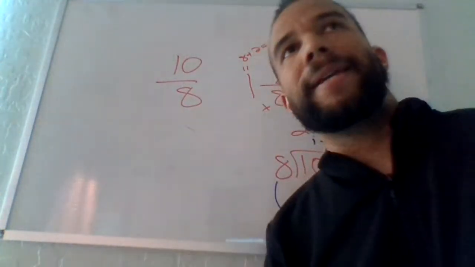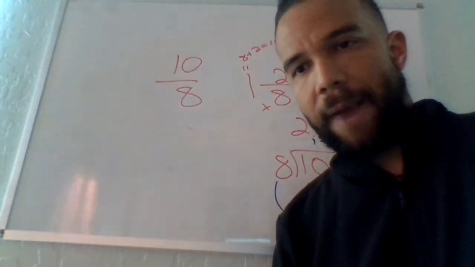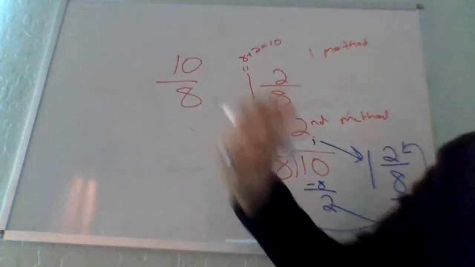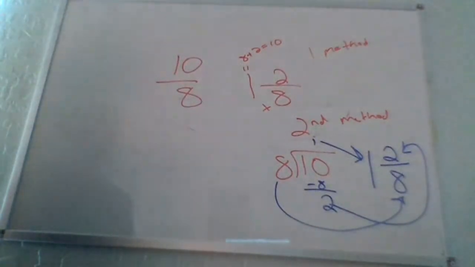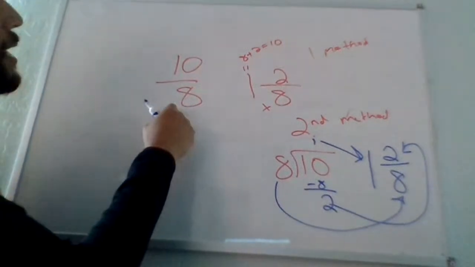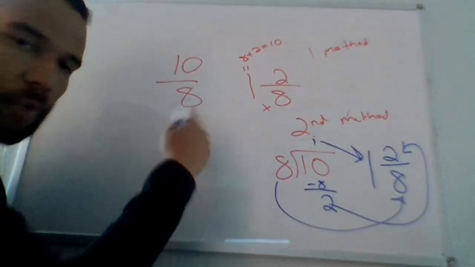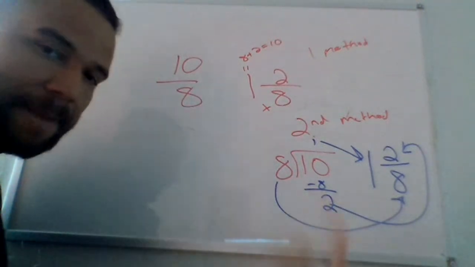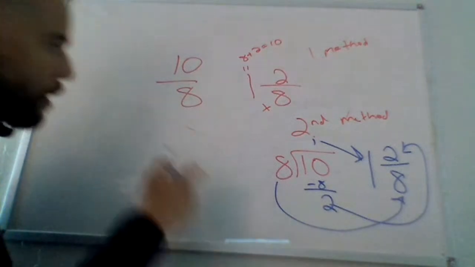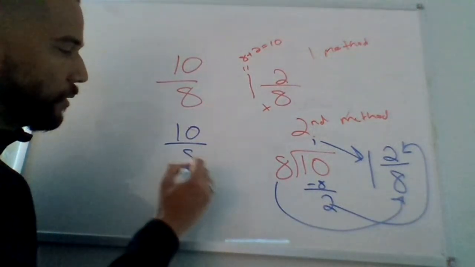So if I'm talking about, let's say, buses, or even shoes in a box, anything that has to fit into a container, I could say, hey, this box only holds 8 shoes, or this bus can only hold 8 people. You have 10 people that need to get on the bus. So I could express it as 10 people need to get on a bus that can only hold 8.